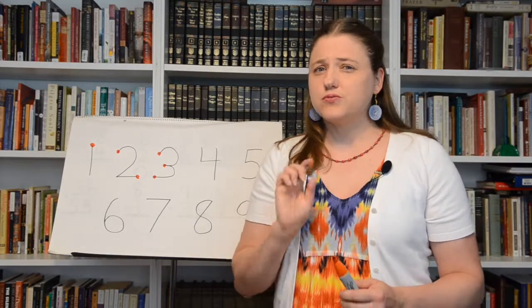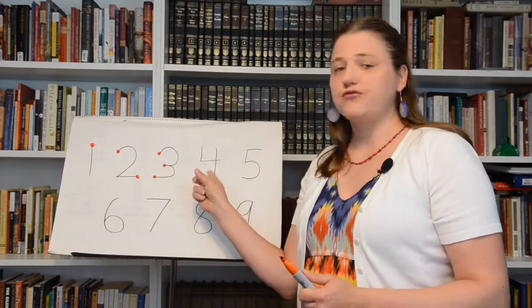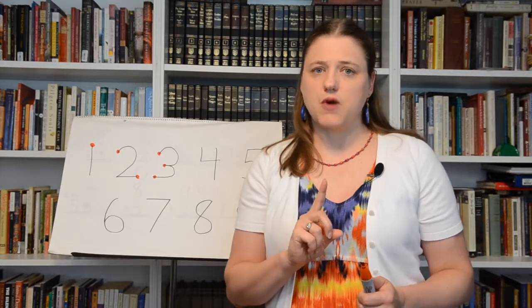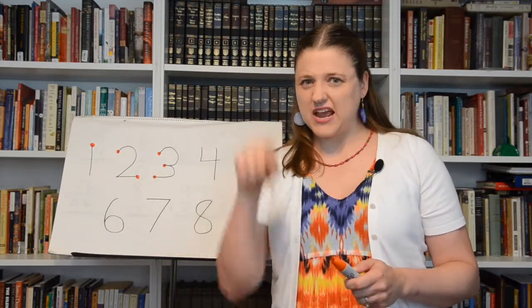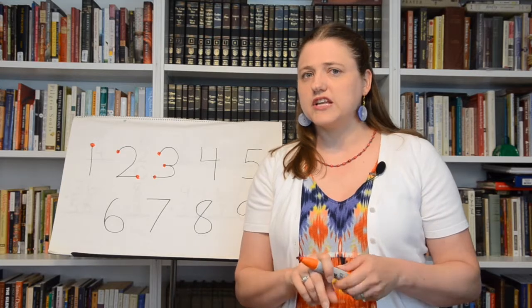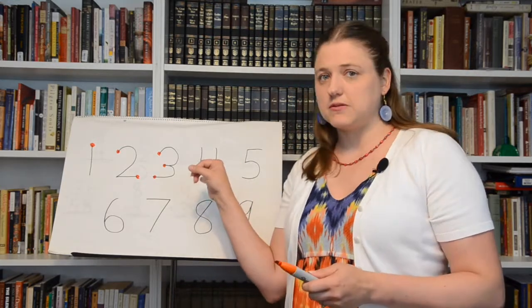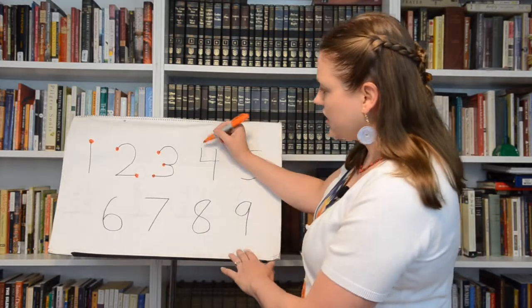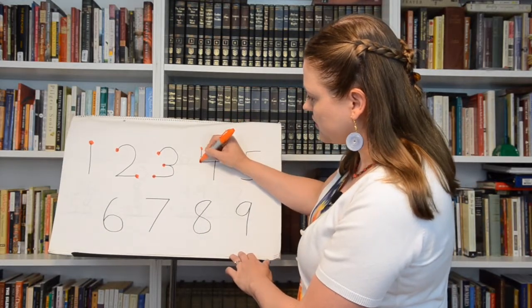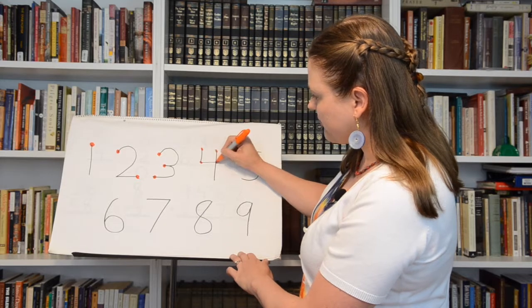Now 4, it's really important that you make your 4s like this, and I'm going to show you why in a second. But if you happen to have a curriculum that does like the triangular 4 at the top where it touches, you may want to rewrite some worksheets just so that they get in the practice of doing 4. We go 1, 2, 3, 4.